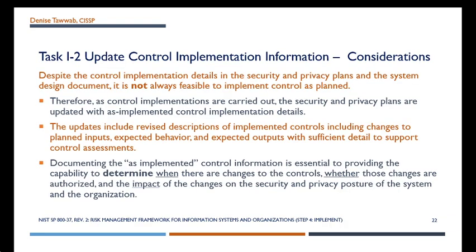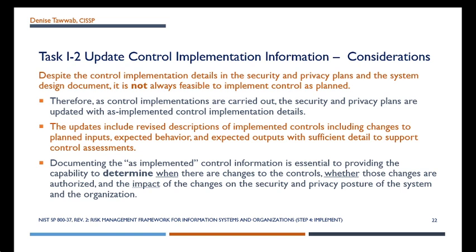All right, things to consider when you're updating control implementation information. Despite the details in the initial security and privacy plans and the system design document, it is not always feasible to implement controls as planned. Therefore, as control implementations are carried out, the security and privacy plans are updated with as-implemented control implementation details.